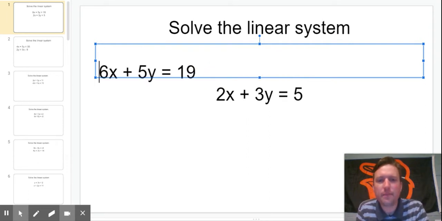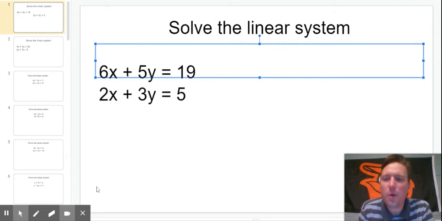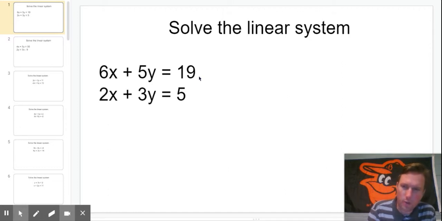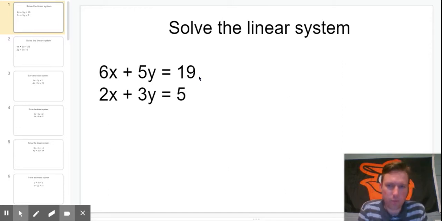So here is today's. The problems are 6x plus 5y equals 19, and the second equation is 2x plus 3y equals 5. Now, the idea of this elimination method is to try to get rid of one of your variables.